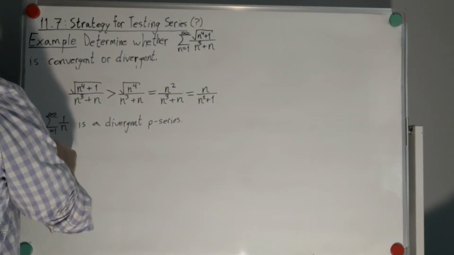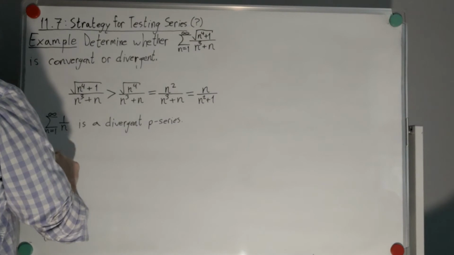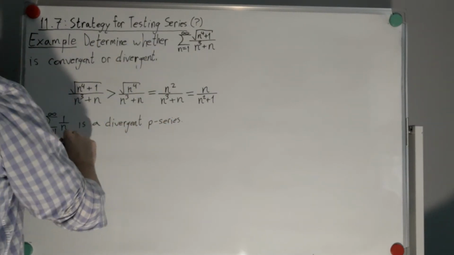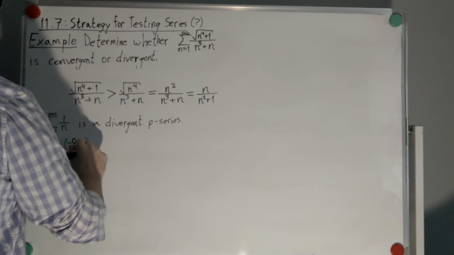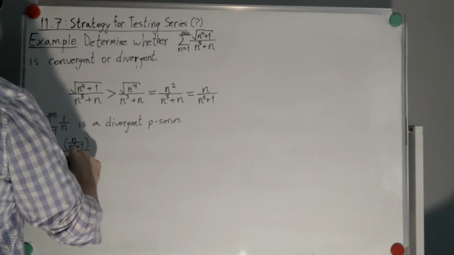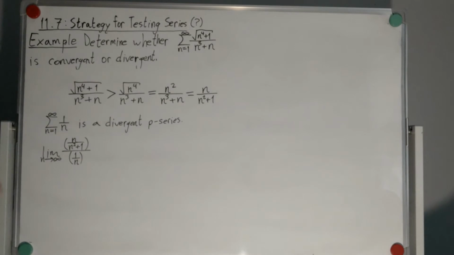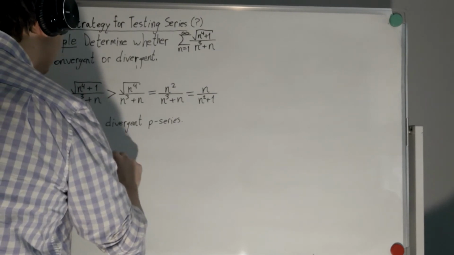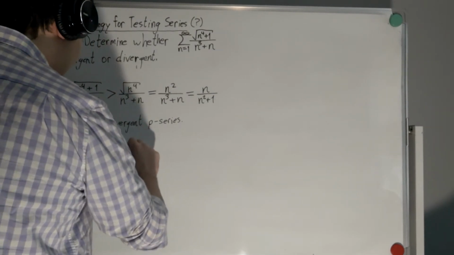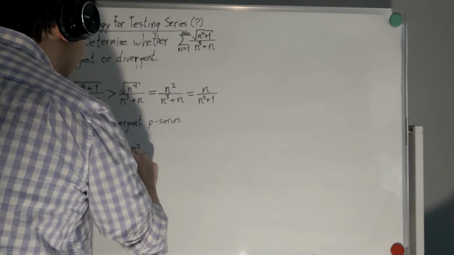Now, if you take the limit as n approaches infinity of n over n squared plus 1 and divide it by 1 over n, so doing the limit comparison test here, this is the same thing as the limit as n approaches infinity of n squared divided by n squared plus 1.